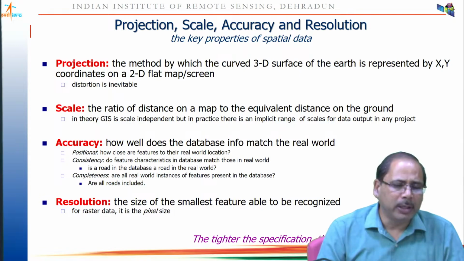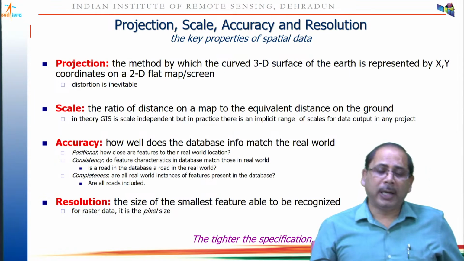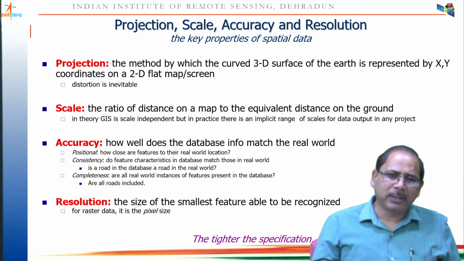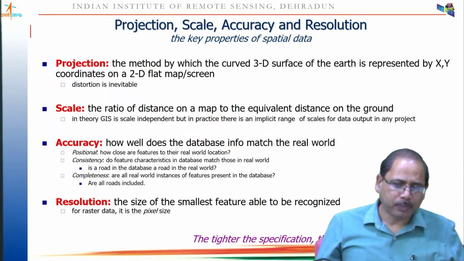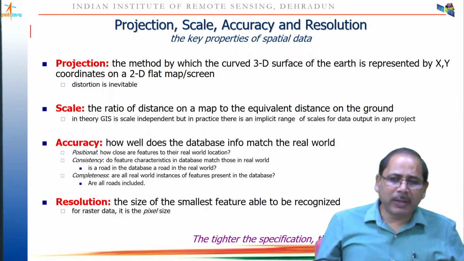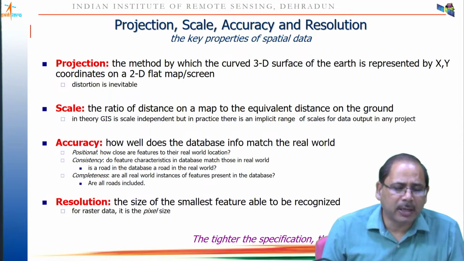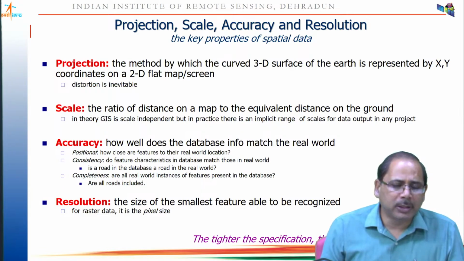In theory, GIS is scale independent, because here it is digital data, so you can zoom to any level on the data or maps, but the scale is very much applicable while you are doing the mapping exercise or printing maps as hard copies. The accuracy is very important. How we deal with the accuracy of geospatial data is here. There are three types of accuracy parameters which are very important, called positional accuracy, consistency, and completeness.